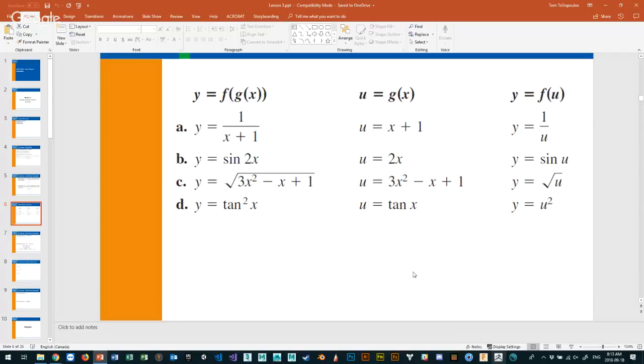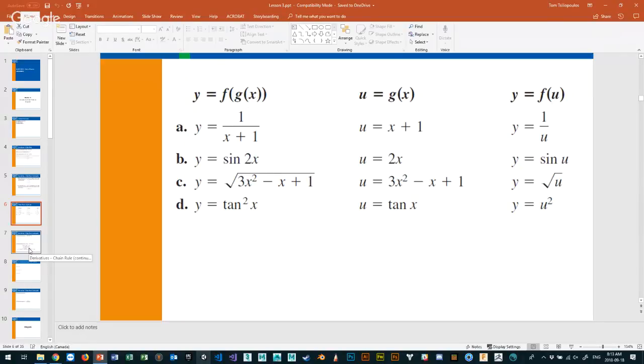That would be the outer function. For example, square root. If I square root the inner function, square root is the outer function. And then the inner function itself is something that we have to do separately. Again, this is incrementally difficult when it comes to applying different rules at the same time.